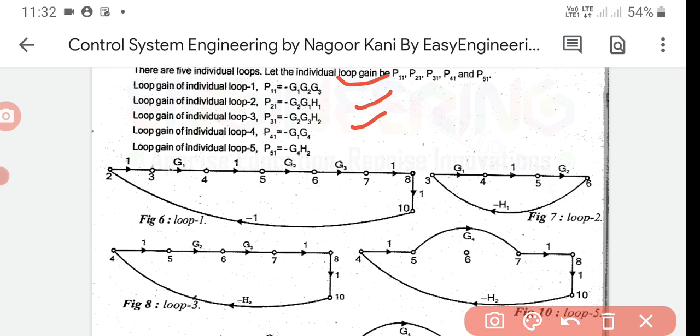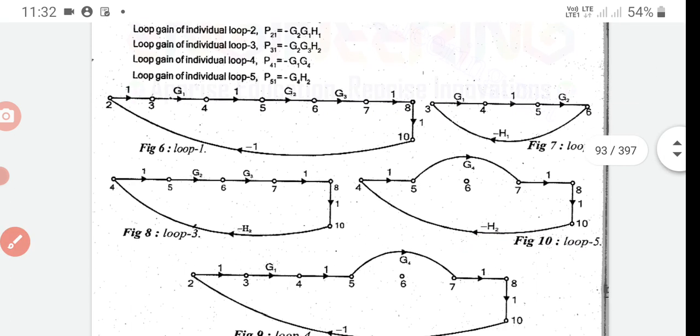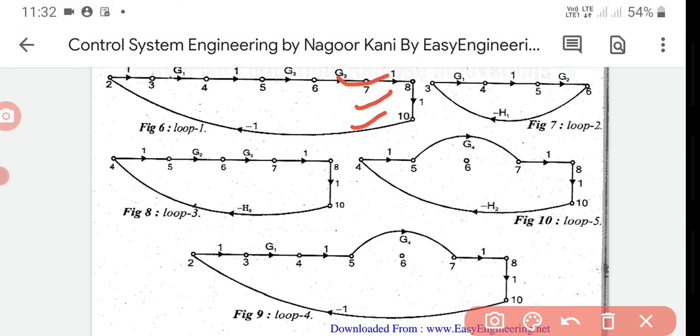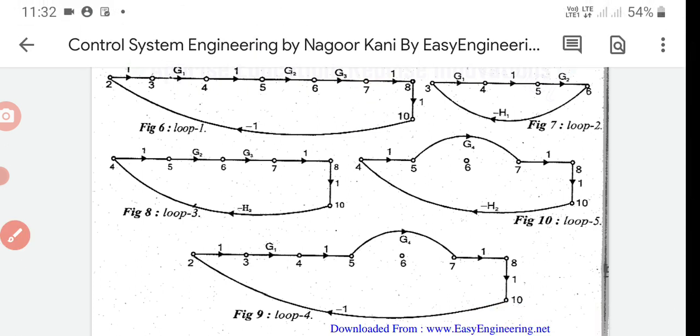What is the loop 4 gain? G4 into minus H2, so it is minus G4 H2. And what is the final loop you have here? G1 G4 into minus 1, so minus G1 G4.